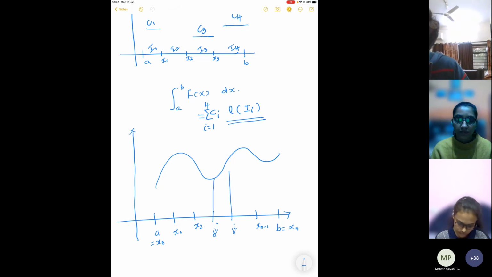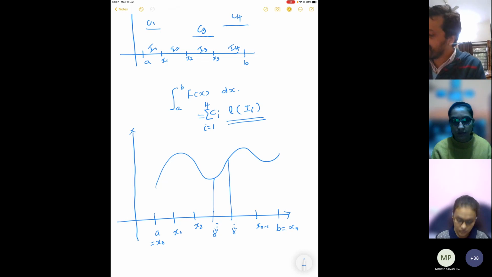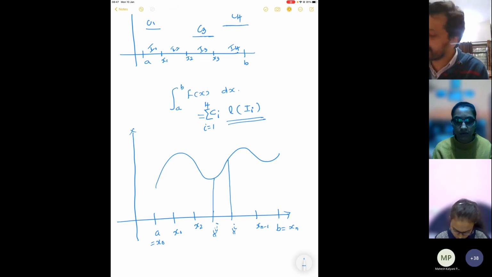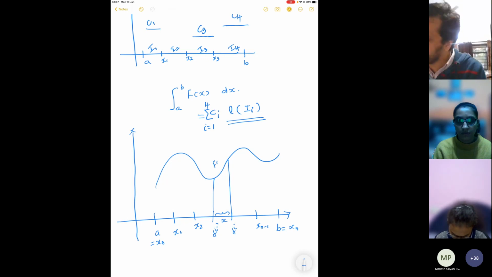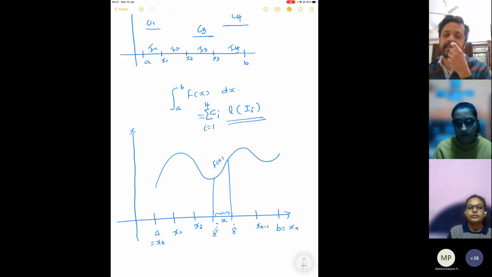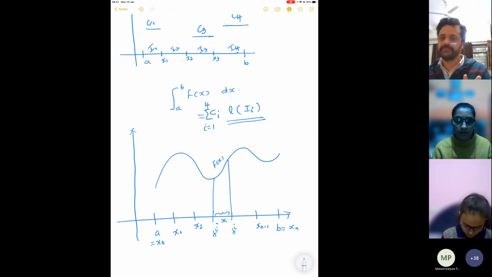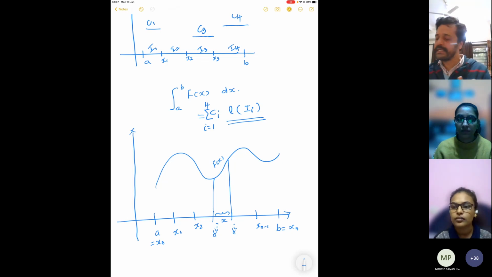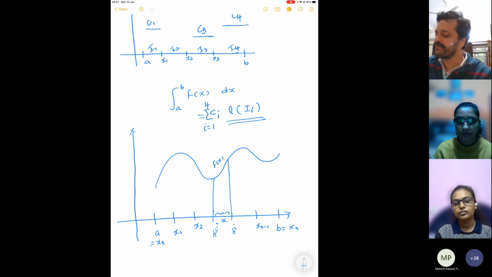A typical ith subinterval is this. If you vary x over [x(i minus 1), xi], definitely the function value f(x) will vary. But you approximate this function with a constant value. Instead of considering that the function varies when x varies over [x(i minus 1), xi], you assume that the function behaves like a constant throughout.